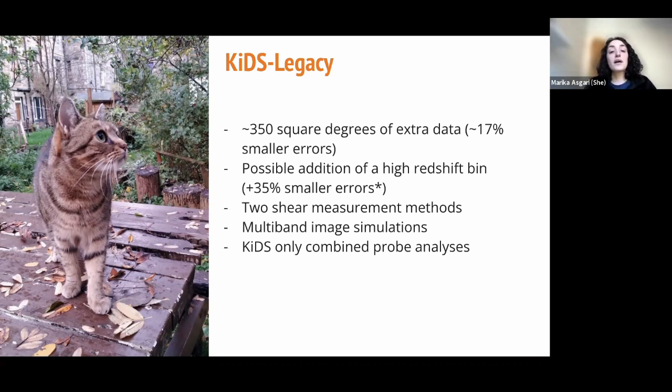And we have included multiband imaging for our image simulation. So this should give more accurate results in general. And then the other thing that we want to really focus on for KiDS Legacy is to have a KiDS-only combined probe analysis instead of combining it with external spectroscopic surveys.